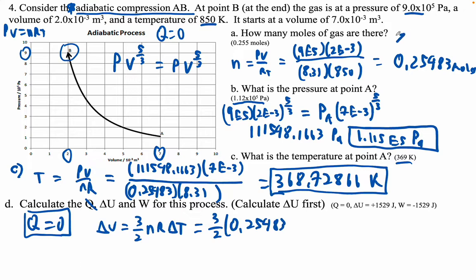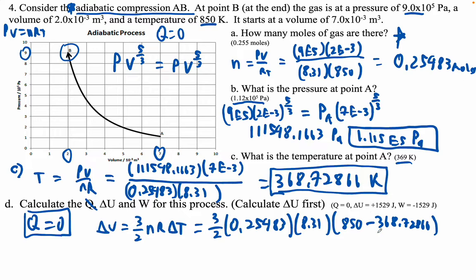That's the answer we got here, right? R is still 8.31. And then our change in temperature is final minus initial. Okay, so final is 850 minus initial, which is 368.72866. That's this guy.